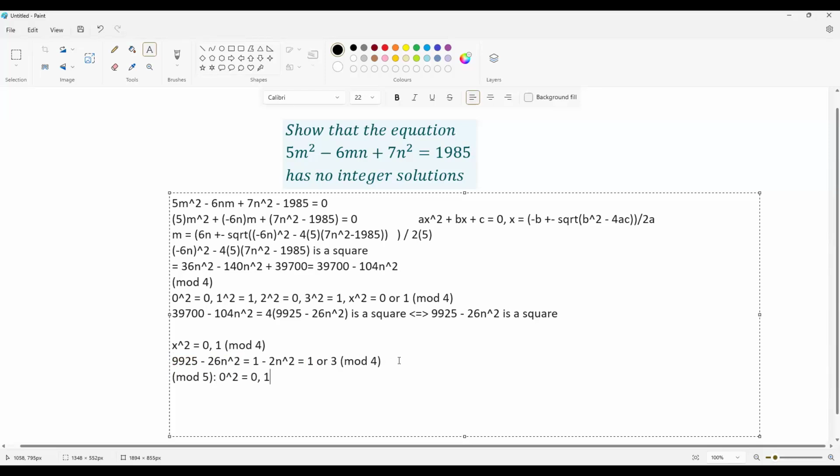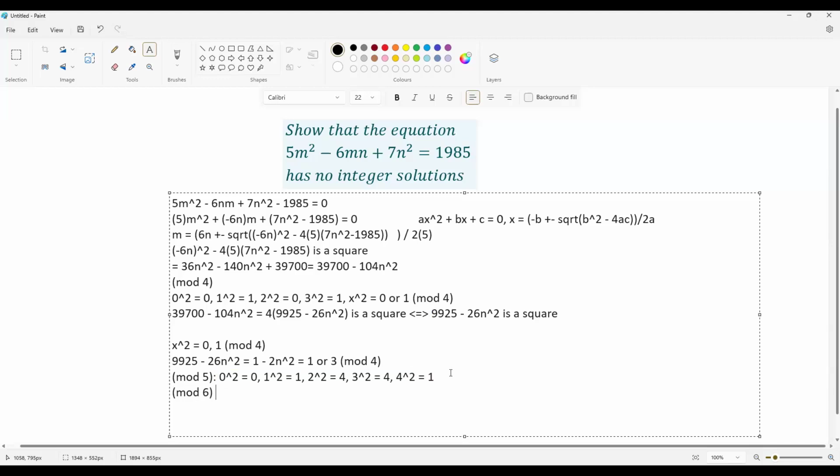0 squared is congruent to 0, 1 squared congruent to 1, 2 squared congruent to 4, 3 squared congruent to 4. This one doesn't seem as useful. Oh, also, if we look at this, yeah, this doesn't seem very good.